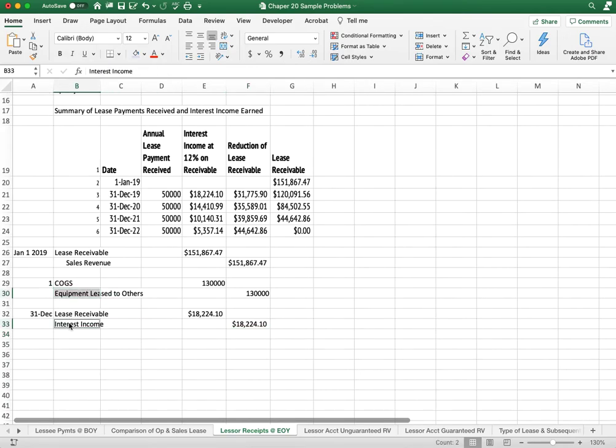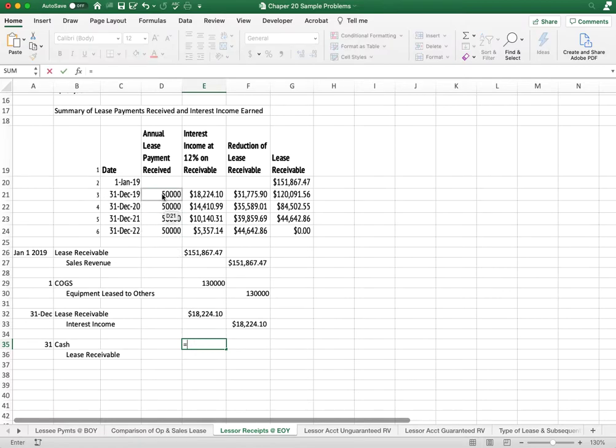I guess I should have indented these. And also on the 31st, we'll show the payment receipt of $50,000. So a debit to cash and a credit to lease receivable for the $50,000.